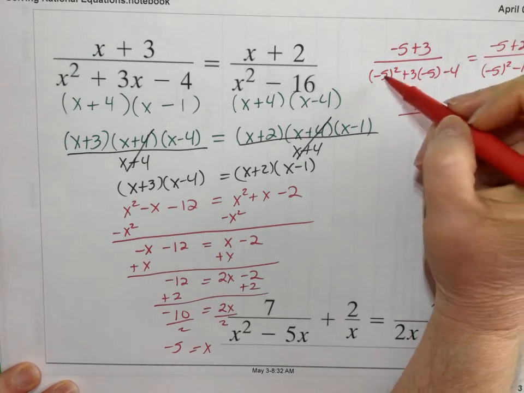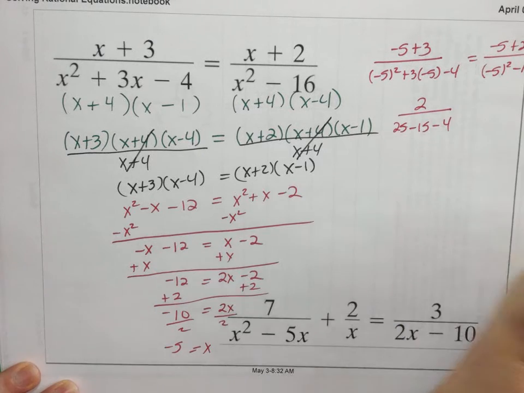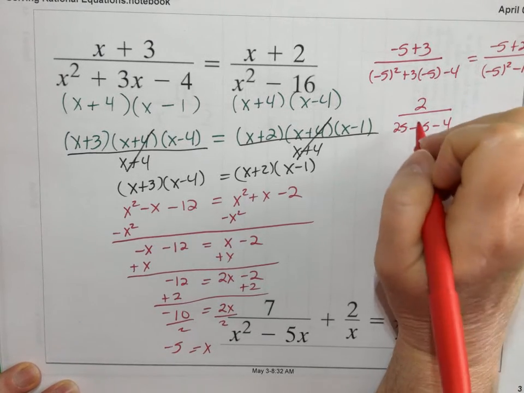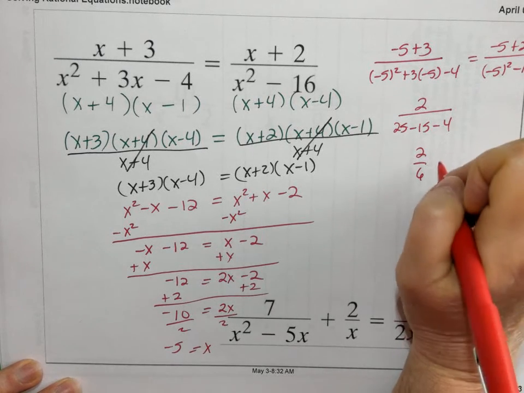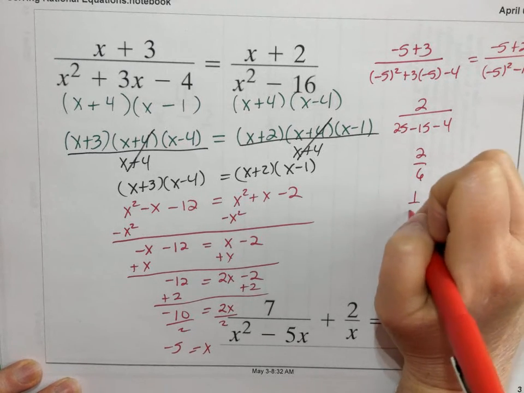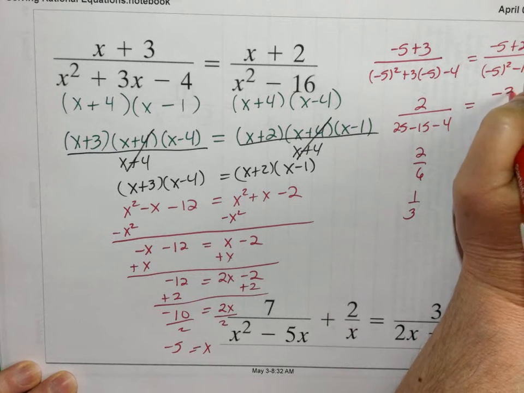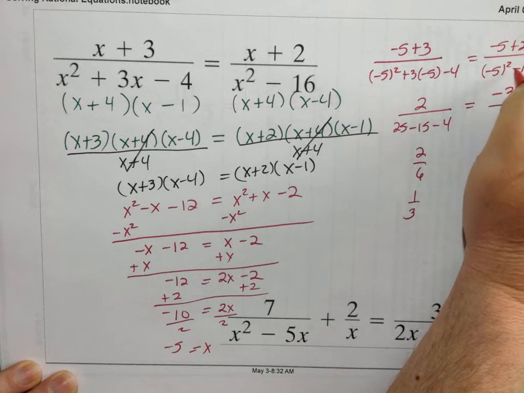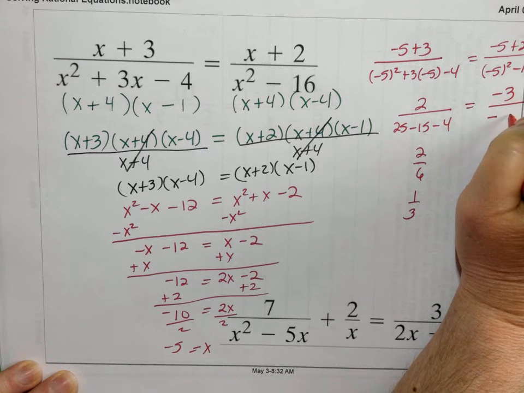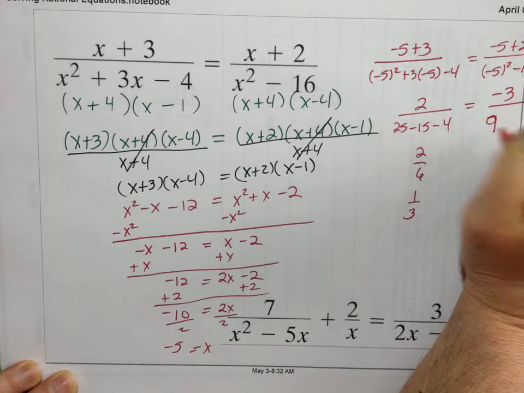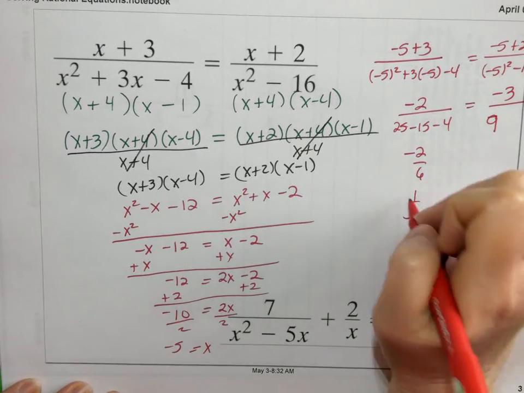All right, that would be 25 minus 15 minus 4, so 6, so negative 2 over 6, or negative 1 over 3 on the left side. If I do the same thing over here, I get negative 3 over 25 minus 16, which is 9. Oh my goodness, that's a negative 2. Better fix that. There we go.